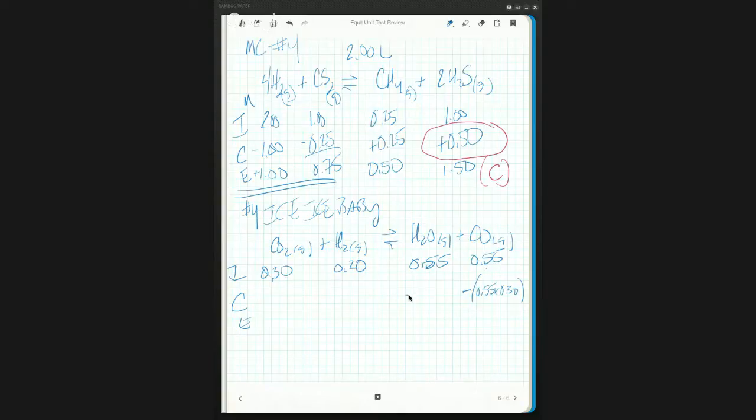So that means we're minus 0.165. If that's the amount being subtracted from that side, that's the amount being added to the other side, 0.165. I think that's what I'm doing here.